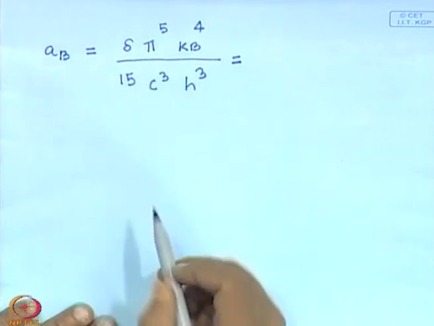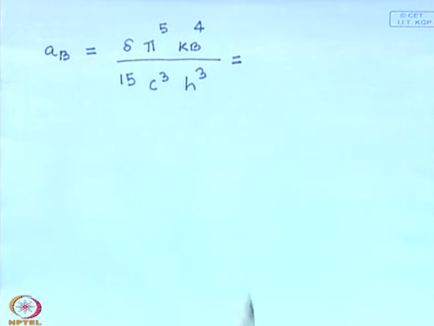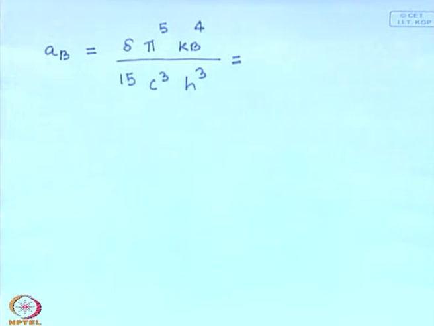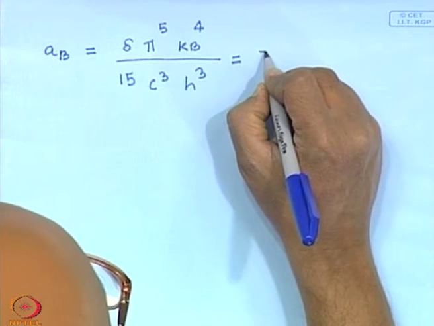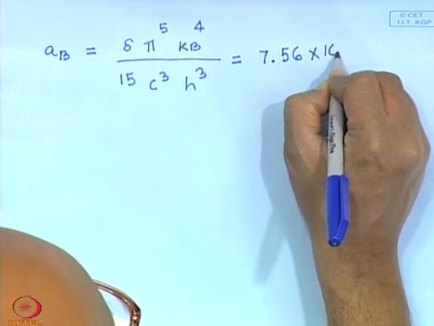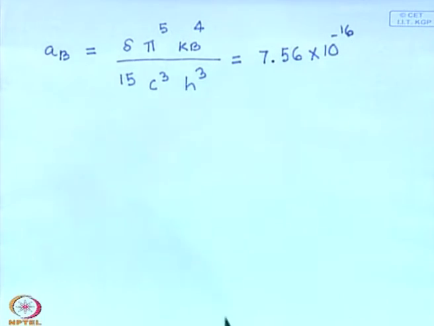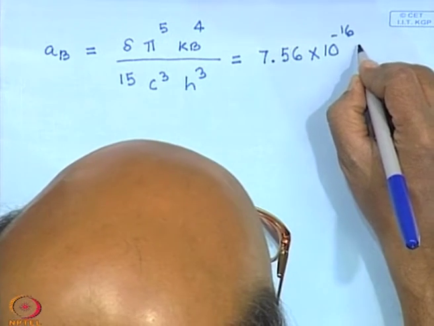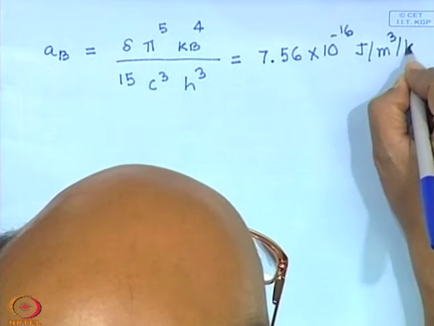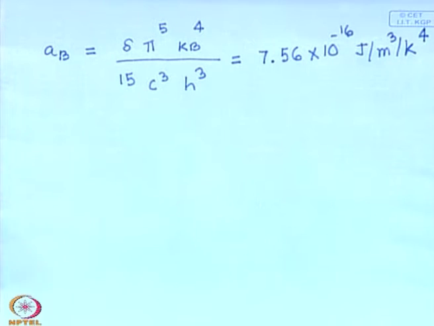Now, all of these are fundamental constants. This is the Boltzmann constant, this is the Planck constant, this is the speed of light, and pi. So, you put in all the values, and what you get is that this is equal to 7.56 into 10 to the power minus 16 joules per meter cube by Kelvin to the power 4.